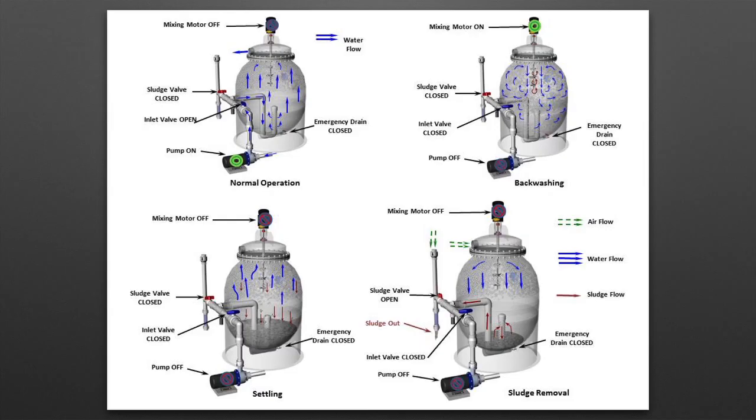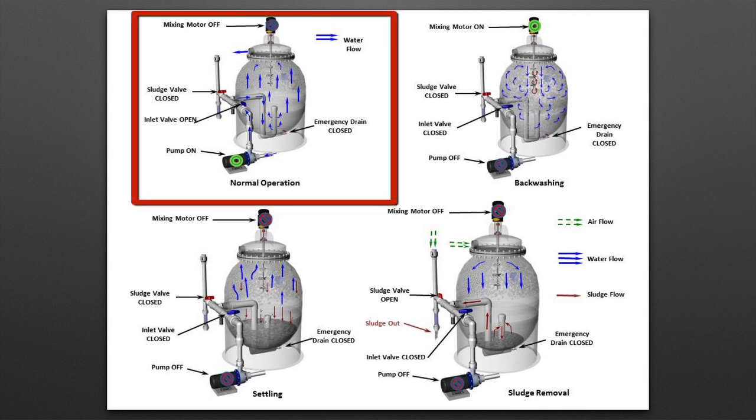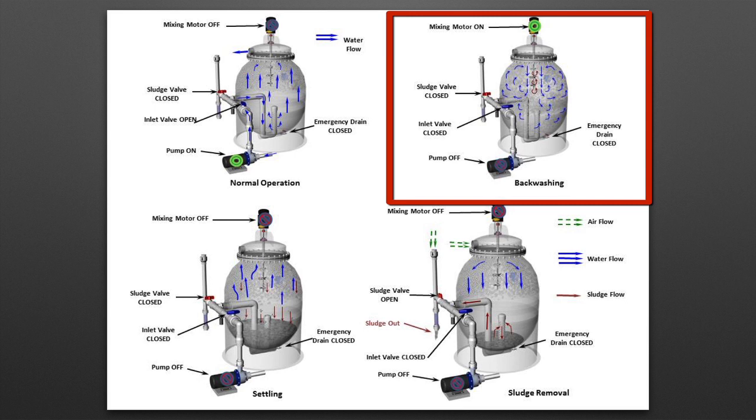This slide shows you the operation of a bead filter. Under normal operation, you can see where the water flows up through the bead filter and then exits back to the tank. And the media is suspended in the top of the tank. It's floating bead media. When backwashing, in this particular system, it uses a motor and a propeller which churn the beads.